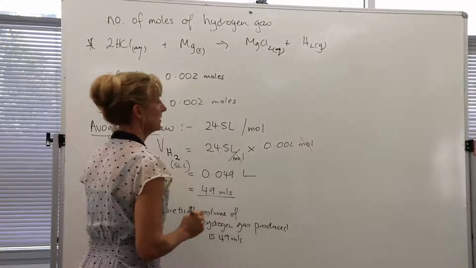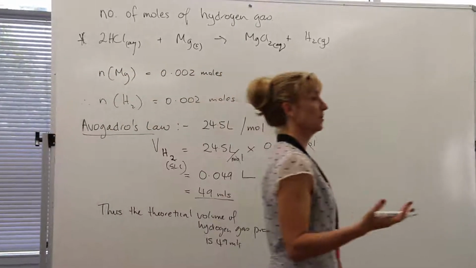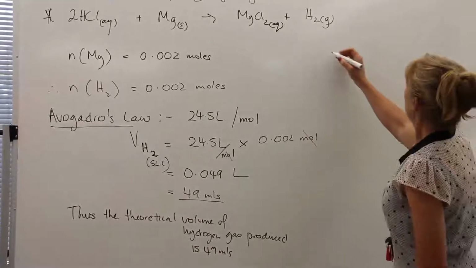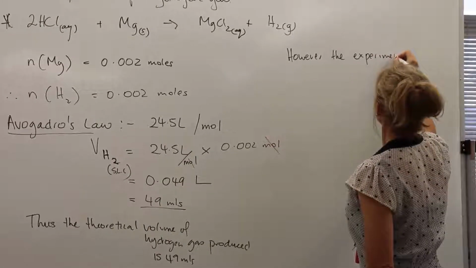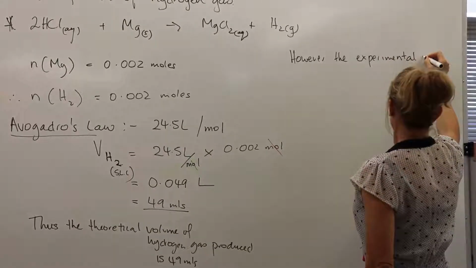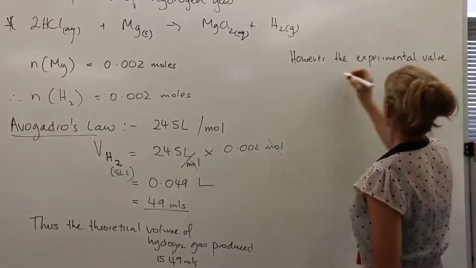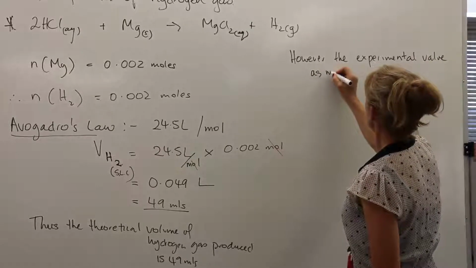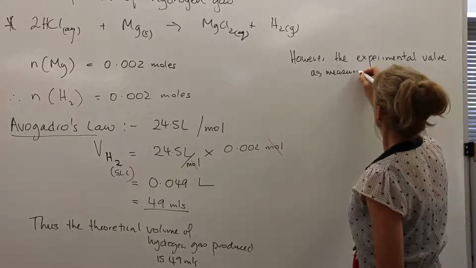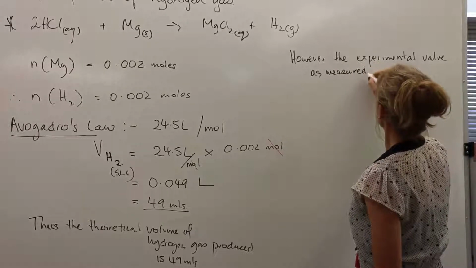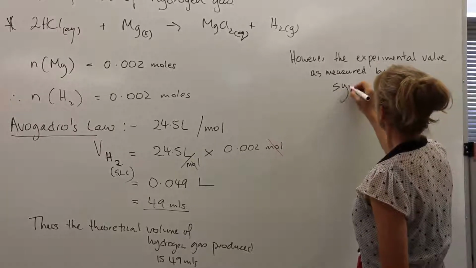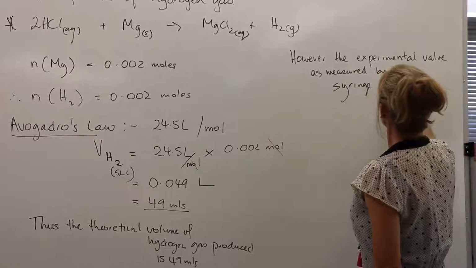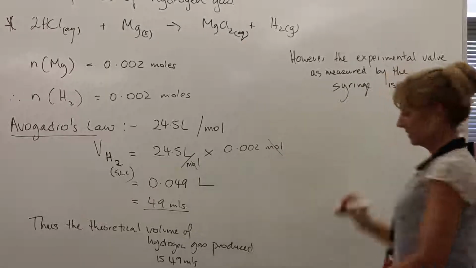But the experiment, this is unusual because normally the experiment is less than the theoretical. However, the experimental value, how much we got in the experiment, as measured by the syringe, is 52. So where are we up to now?